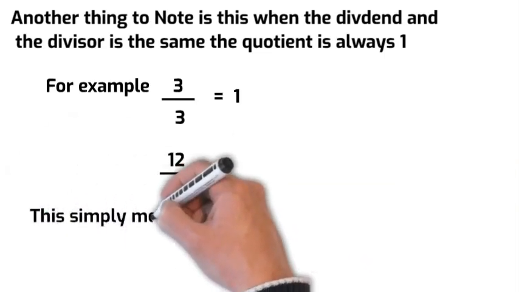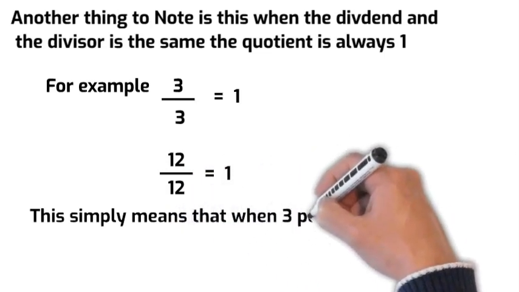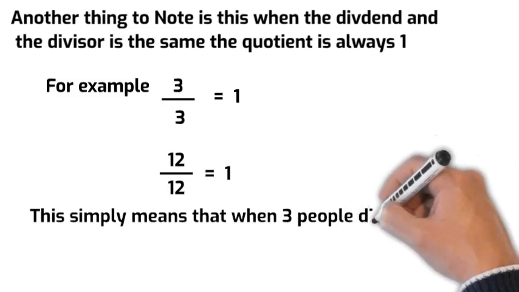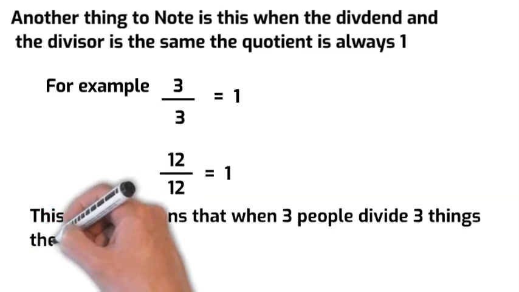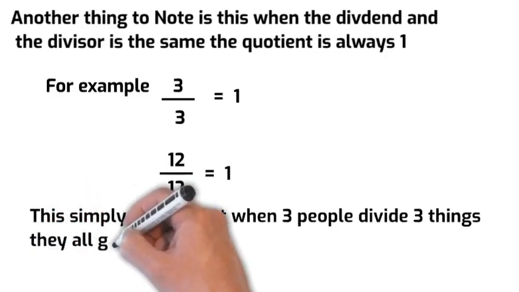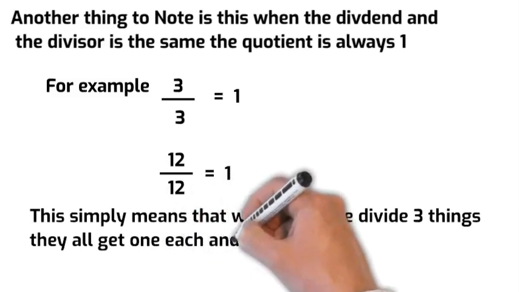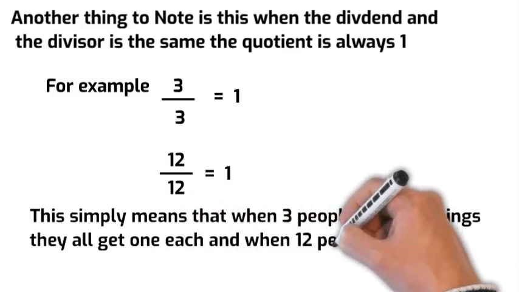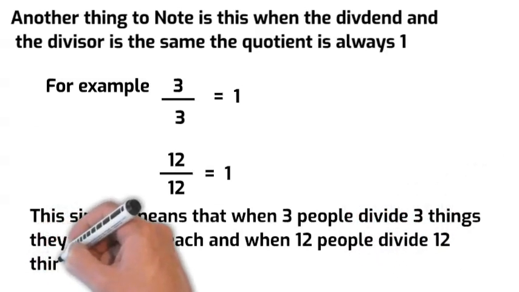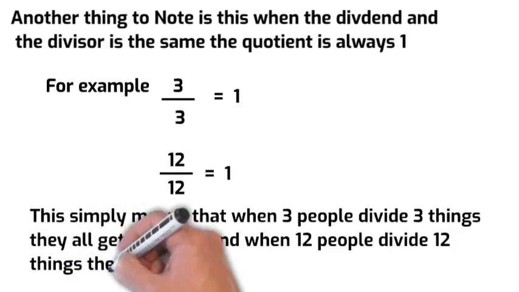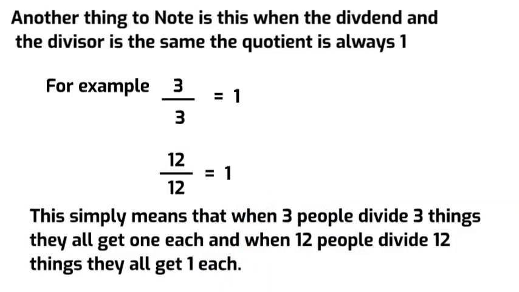This simply means that when 3 people divide 3 things, they all get one each. And when 12 people divide 12 things, they all get one each.